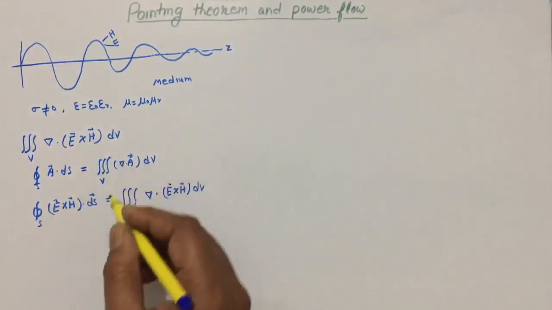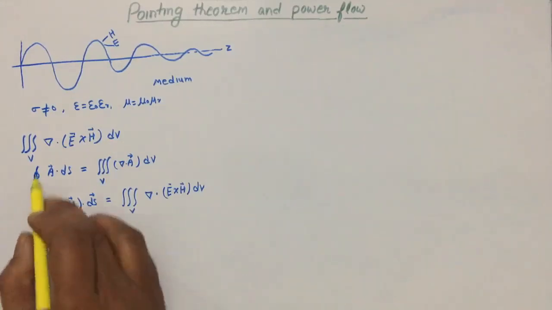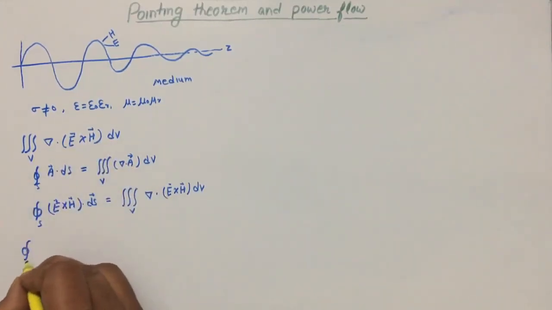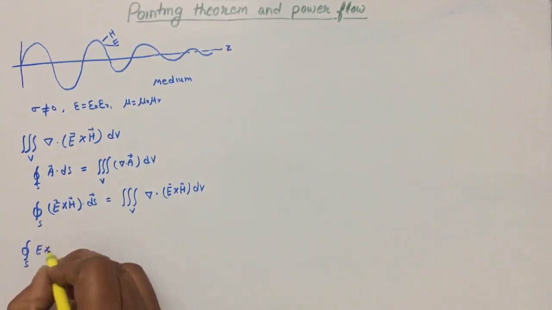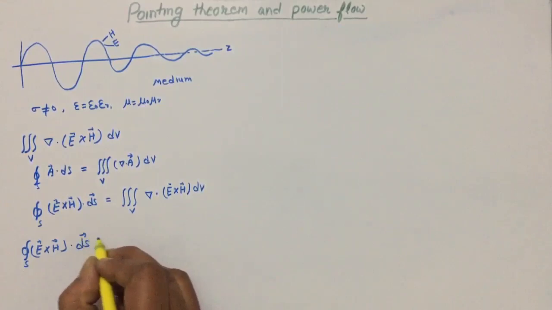Now relate the previous findings. In place of this, we can write E cross H dot ds.